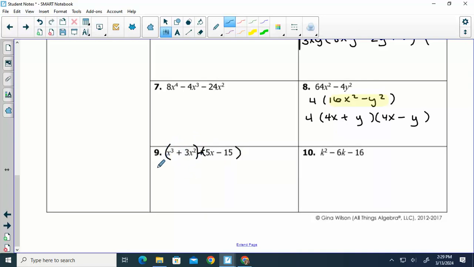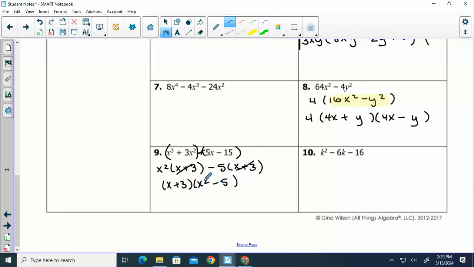So the first set we can take out x squared, and that leaves us with x plus 3. Second set we can take out, and that leaves us with x plus 3. Now they both have the x plus 3, so if you take that out, you're left with x squared minus 5.